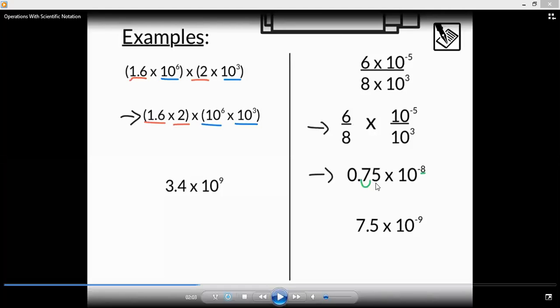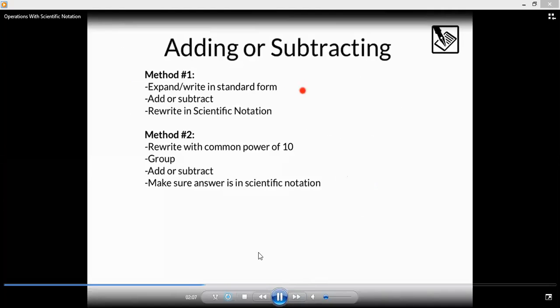To simplify this, we will move the decimal point to the right one digit. If you move it to the right, then you will subtract 1 from the exponent of 10 to the power of negative 8. So it will be 10 to the power of negative 9. So this is for multiplication and division.